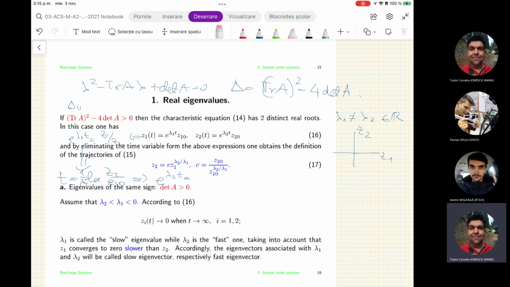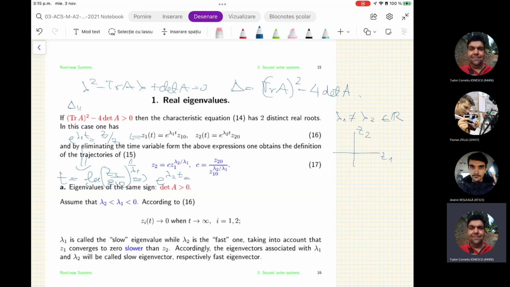You can put this inside and say to the power lambda 2 over lambda 1, right?